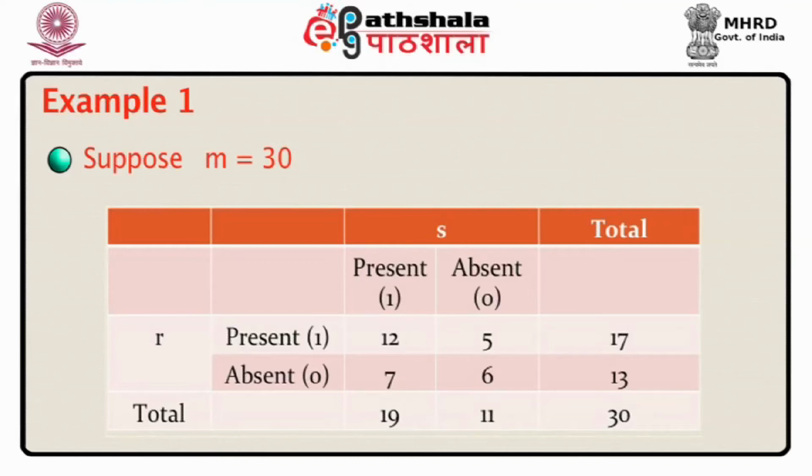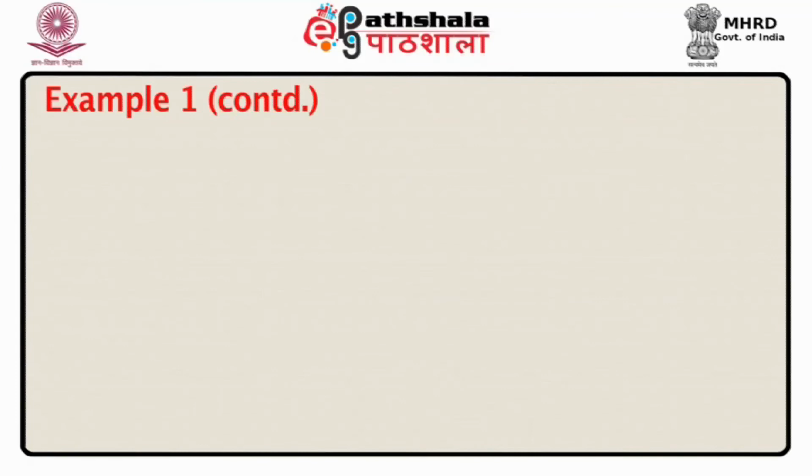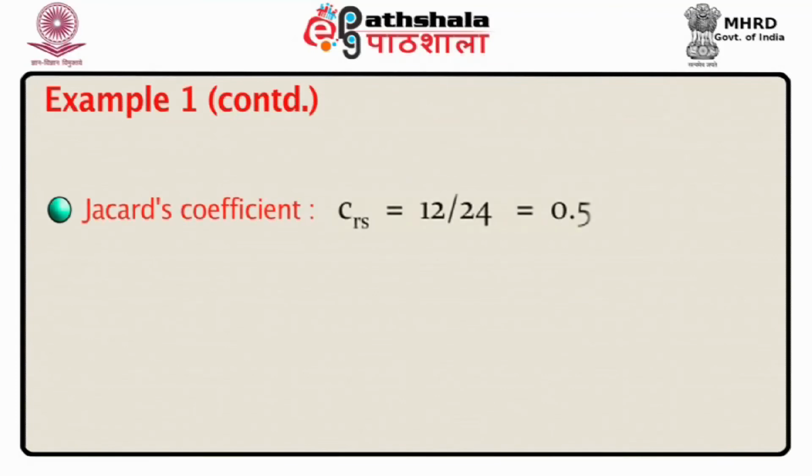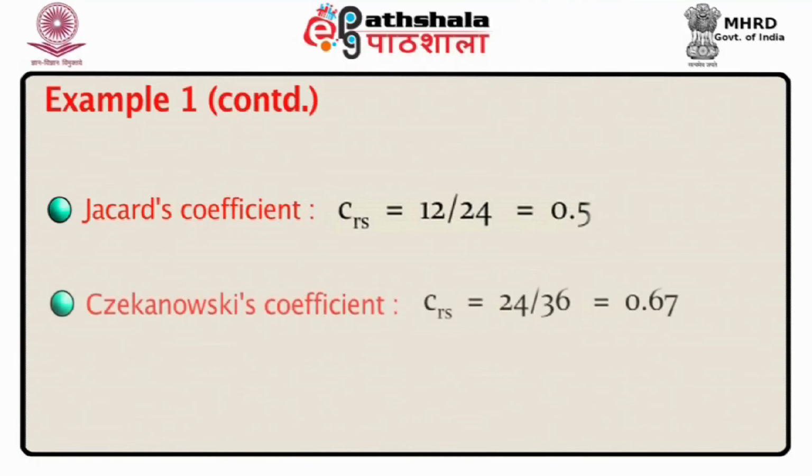So in this case, of course, as we just discussed, we will be using either the Jaccard's coefficient, which comes out to be 12, because A is equal to 12, and A plus B plus C is 12 plus 5 plus 7, which comes out to be 24. So the value comes out to be 0.5. And similarly, we can have the Sorensen's coefficient, which comes out to be 0.67. So we can say that the two individuals R and S are moderately related to each other.